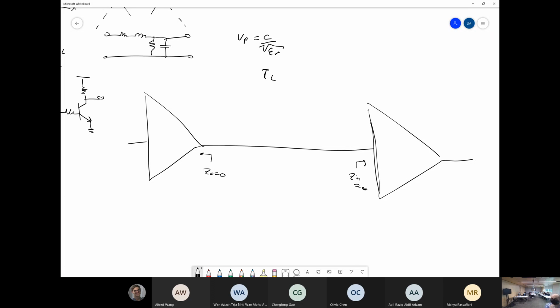It could be the speed of light over the square root of your relative dielectric constant. Who knows? You might say it's like 0.6 C or something. So you know that your velocity, your speed, is lambda F.